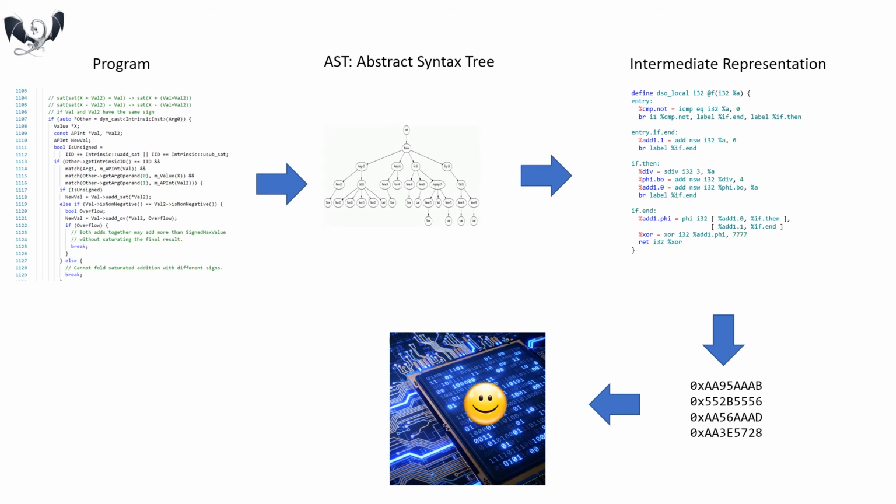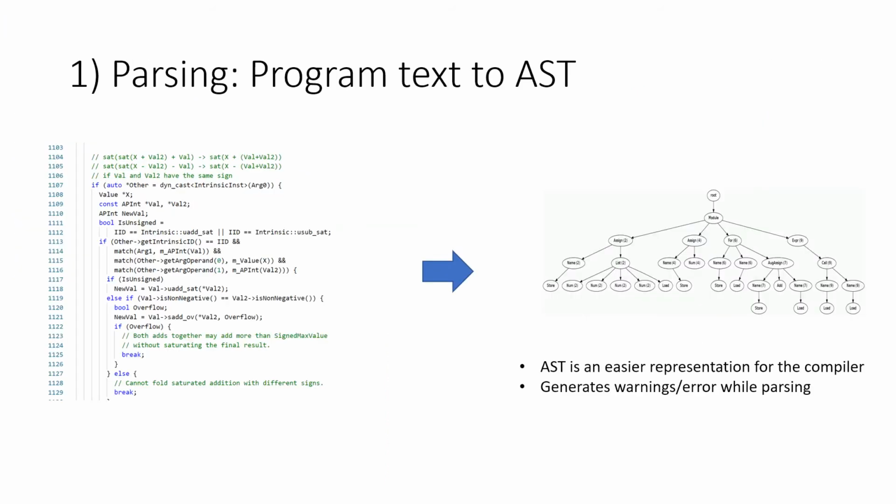Let's zoom in on each of the phases. The first phase is called parsing. We take this text, and text is usually not very good for computers. We like a more structured representation of the data, which is what this AST gives us. The compiler takes this text, does parsing, and identifies, for example, if there are mistakes in the program.